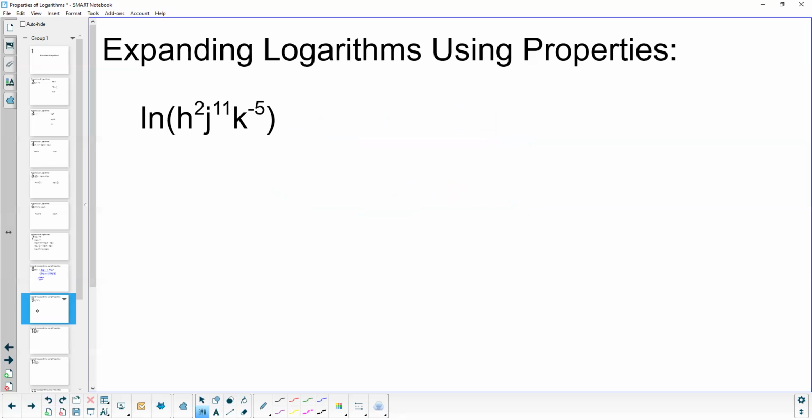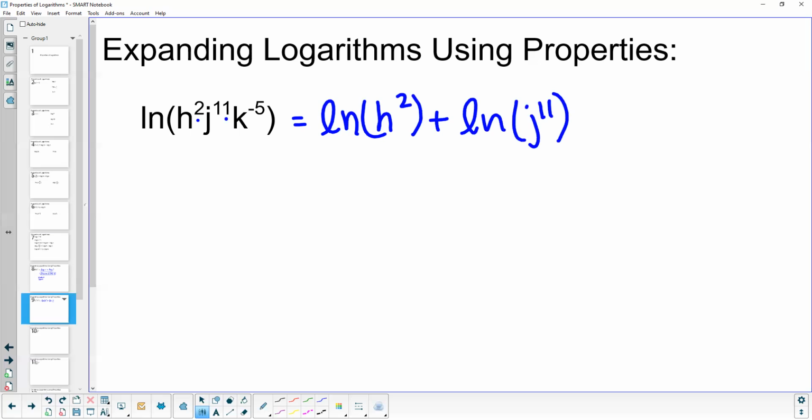So in this case, we're dealing with our natural log, and we've got some multiplication and we have some exponents here. So as we go to write this, we've got the natural log of h squared plus the natural log of j to the power of 11 plus the natural log of k to the power of -5. Now we can see that each of them has a power. So in addition to our quotient or our product property here, we also want to use our power property.